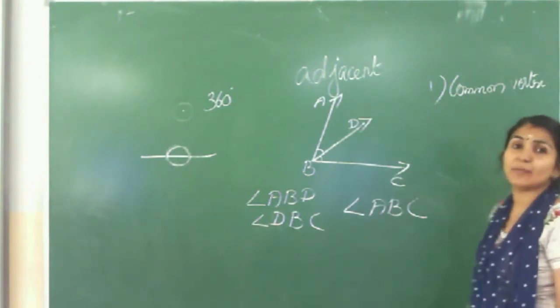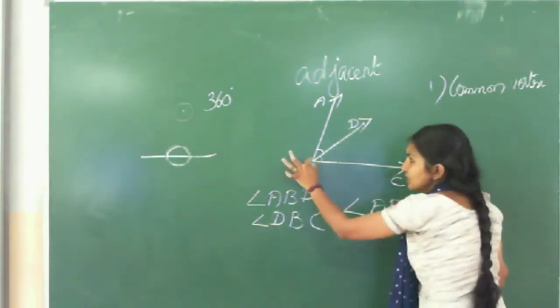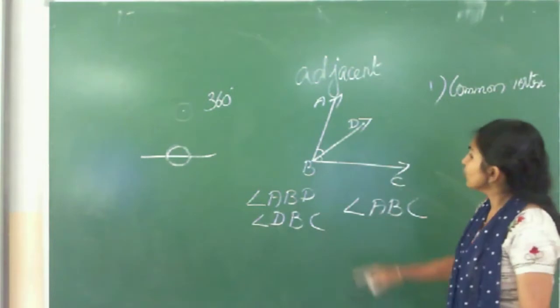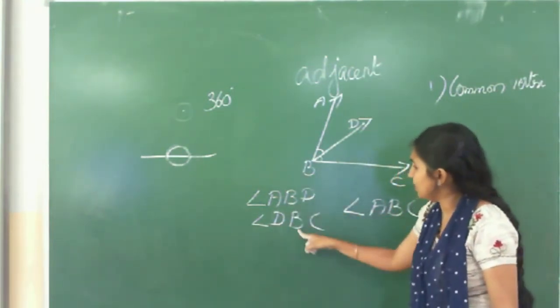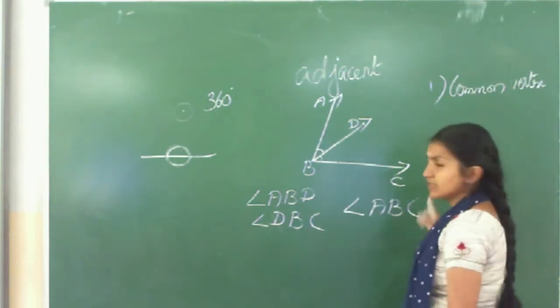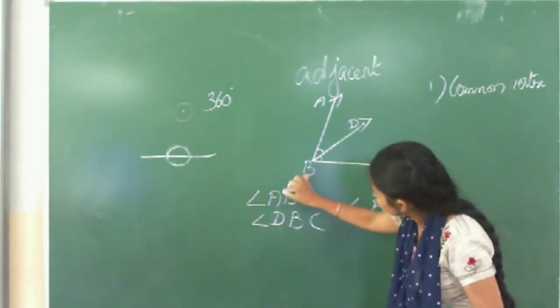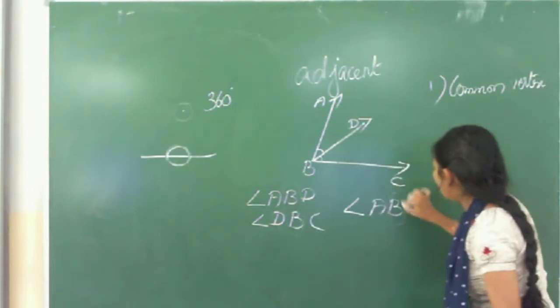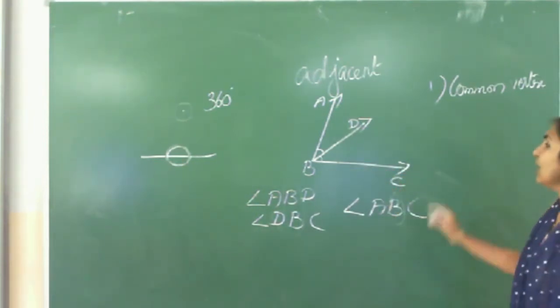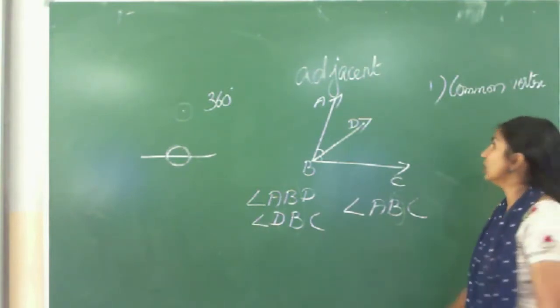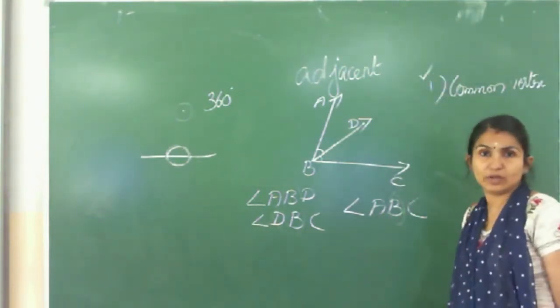What is meant by vertex? The middle one is called the vertex. Just see this one, ABD, DBC, ABC. Yes, everyone is having B in the middle, or we can say that this B is the vertex, right? So they are having a common vertex. So we satisfied this one.